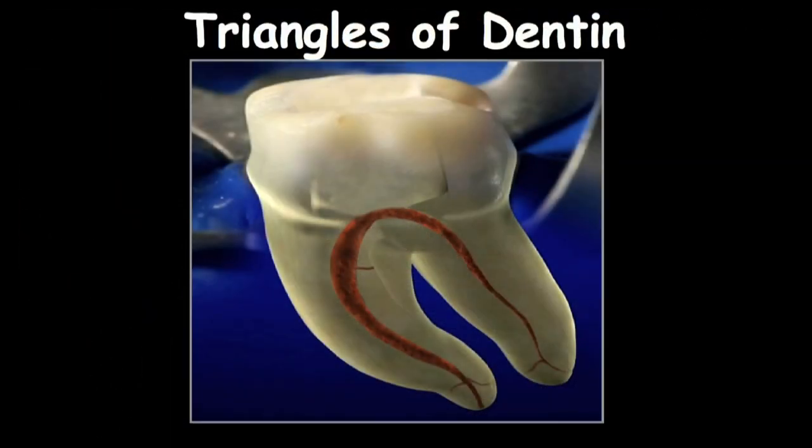The big issue, both in anterior teeth and posterior teeth, is triangles of dentin, which are beautifully illustrated here. These triangles have to be removed in order to have straight line access, and yet still preserve plenty of ferrule. And by the way, the ferrule is most critical where on a posterior tooth? The buccolingual.